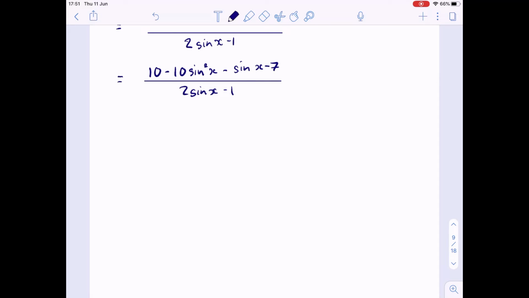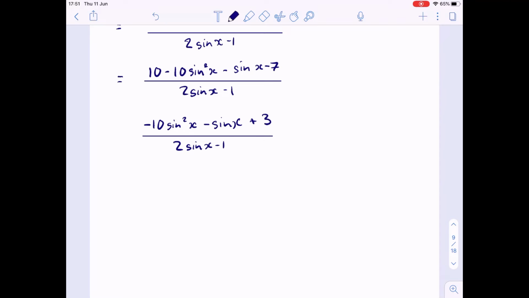And if I group everything together, I now have minus 10 sine squared x minus sine x. And then I've got 10 minus 7 is 3. Okay, over 2 sine x minus 1.